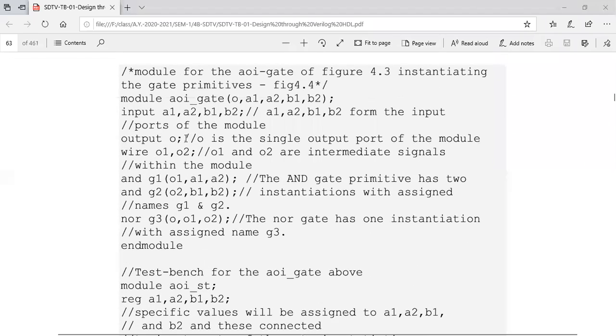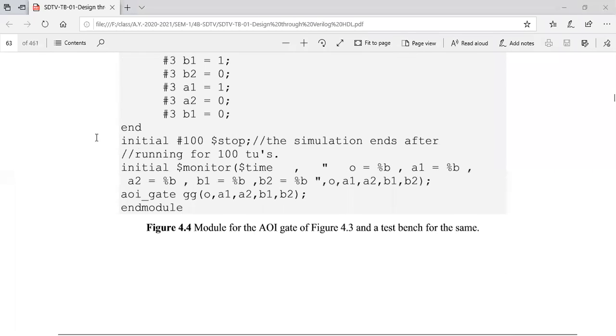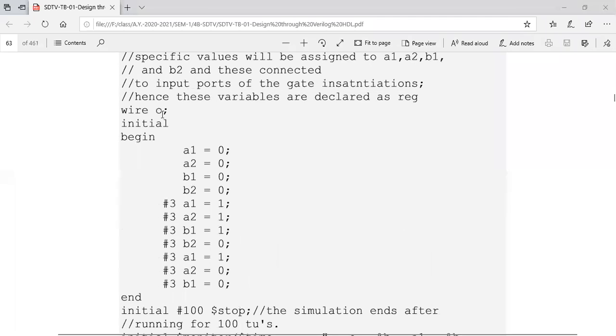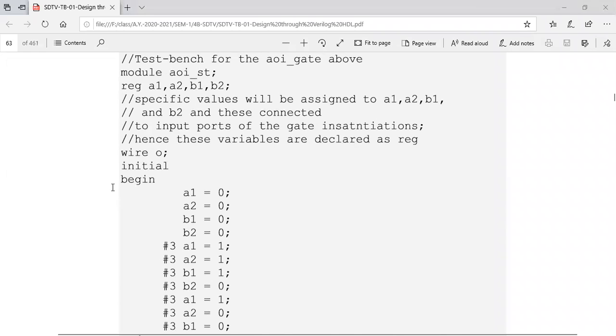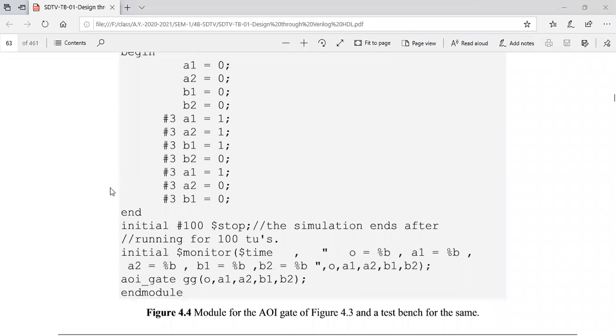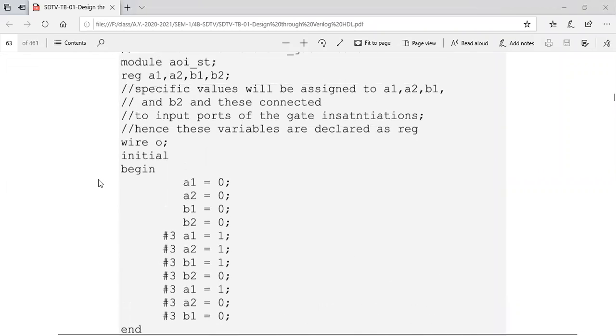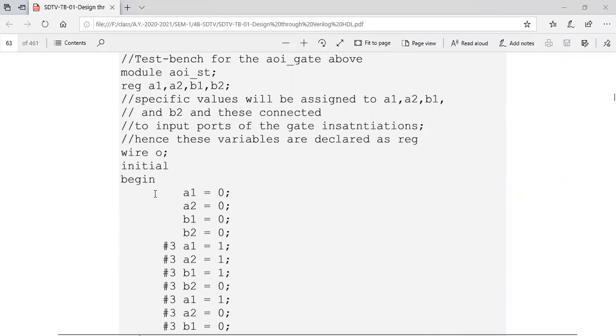Previously I used wires for O1 and O2; now I am using a wire for the output O. Then we have initial and begin. Here in the test bench you can see we don't have any O1 and O2. This testing will generally execute in a sequential manner, because we are using begin, right? So the value we get will be passed straight away.